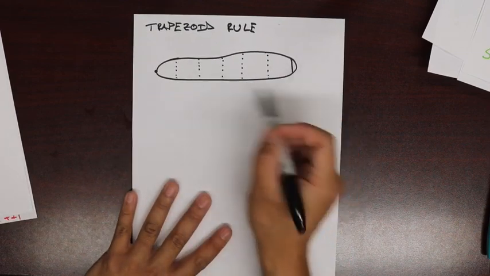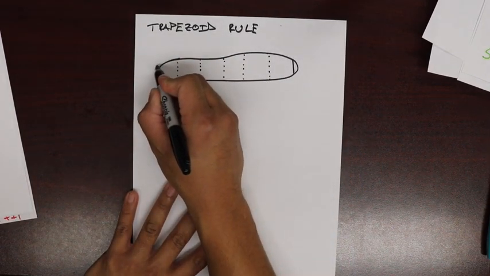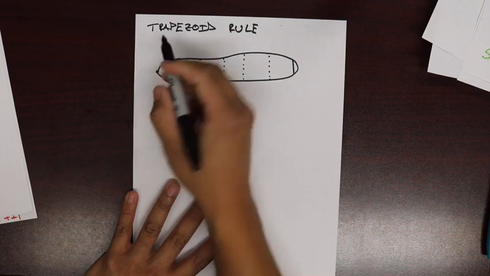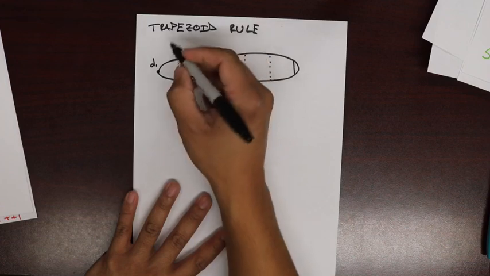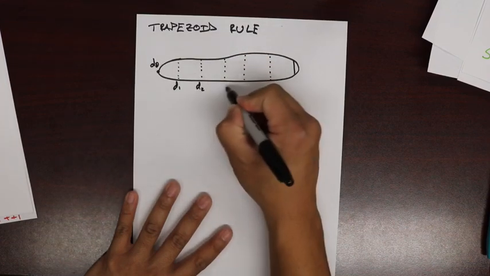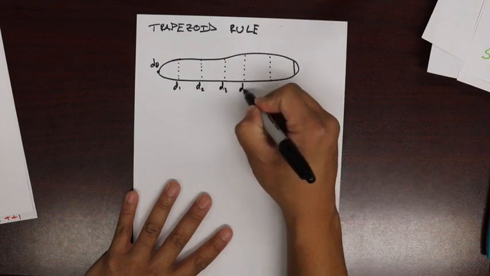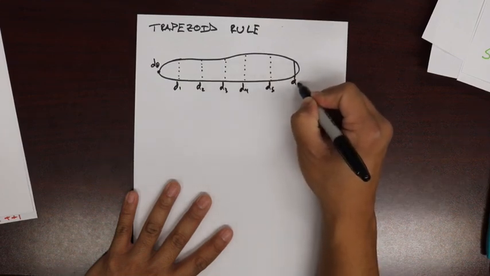And we're going to essentially have 6 sides, so we'll call these D0, D1, D2, D3, D4, D5, D6, right?